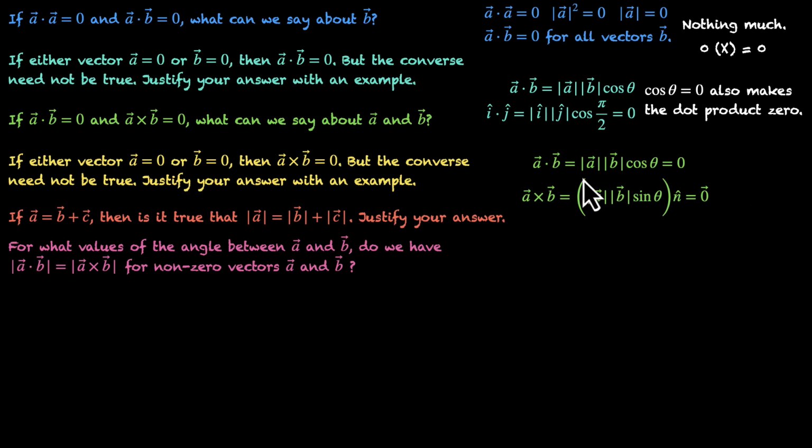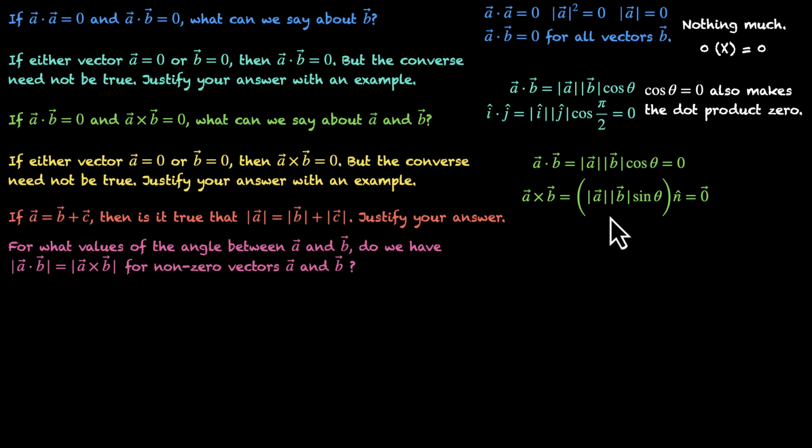Now we've just seen the dot product. This becomes 0 if any of these 3 things is 0. Either the magnitudes are 0 or cos of theta equals 0. For the cross product, we can apply the same logic. Any of these 4 things could be 0. Well, this 4th one, the unit vector, can never be 0 because, as the name suggests, it is a unit vector, its magnitude is 1. So for this to be 0, we have these 3 things, mod of a, mod of b and sine of theta.